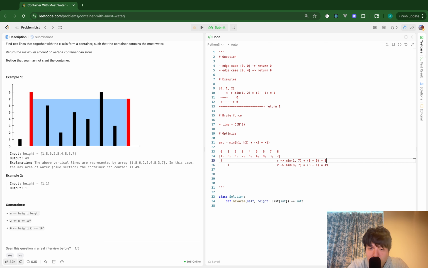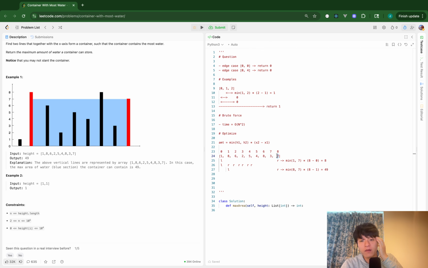Wherever the right pointer is moved, like this or this or this or this, the amount of water doesn't increase because min of h1, h2 is always 1, or maybe it can be smaller by moving this.